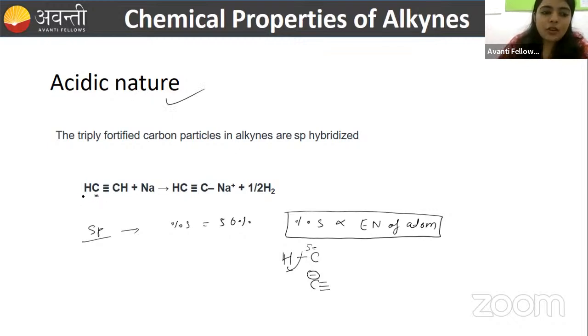Okay, so how have we proved it? We have proved it by taking the reaction with Na. So what Na did, Na removed H2 gas from here and formed a salt with alkyne. Okay, so you have to remember that alkynes are slightly acidic in nature.